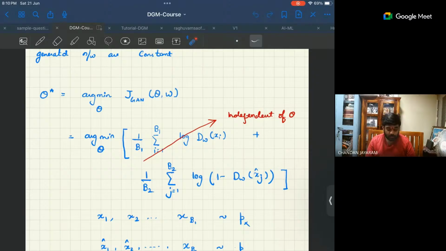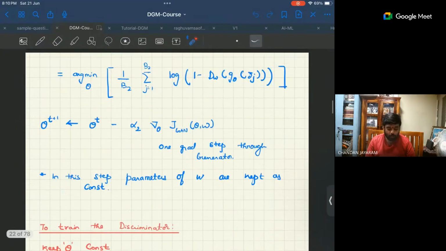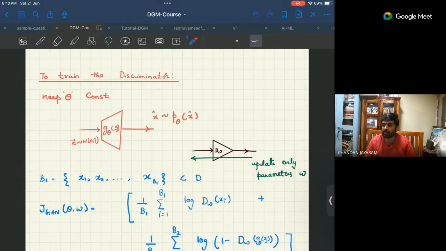So how do you train it? Let's look at the training procedure. First you train the discriminator. Here, this is the discriminator and this is the generator.